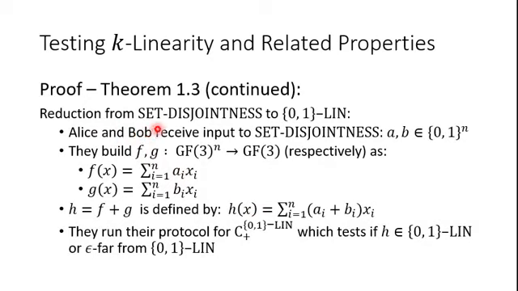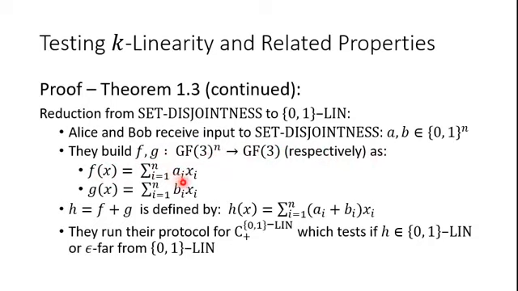So we'll do a reduction from set disjointness to 0, 1 linear. Alice and Bob receive input to set disjointness, so it's 2 strings, a and b, from {0, 1}^n. And what they do is they build f and g from F3^n to F3 respectively, and these are just going to be the following.